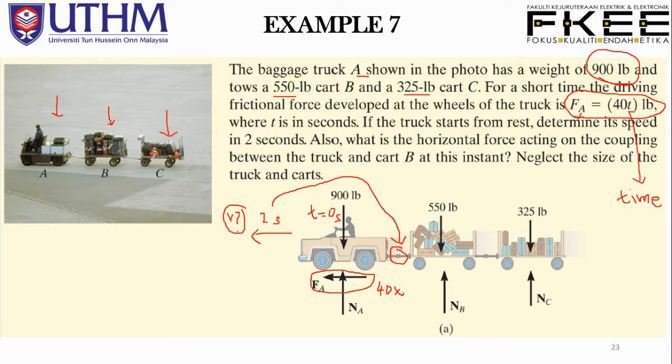So we need to find the horizontal force, whether to the right or to the left, that acts on the coupling between truck A and cart B. Neglect the size of the truck and carts.